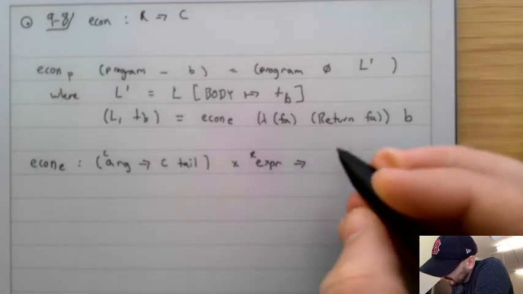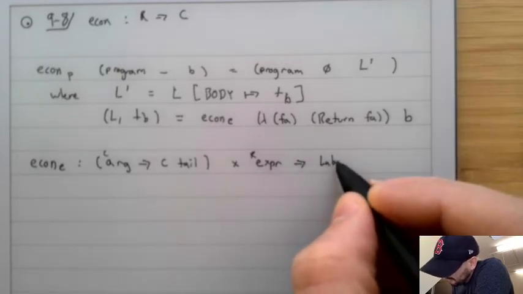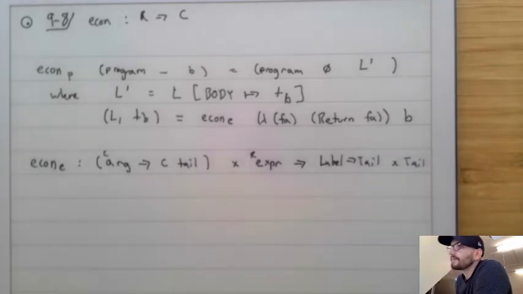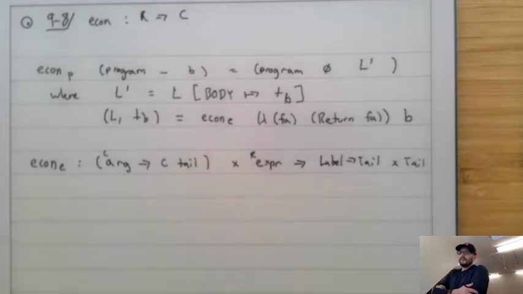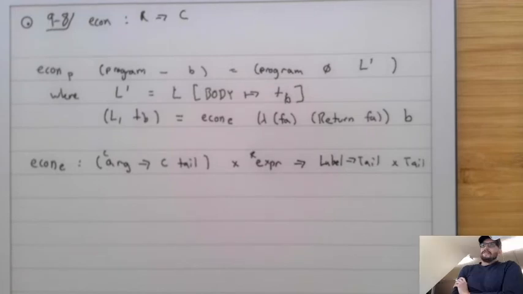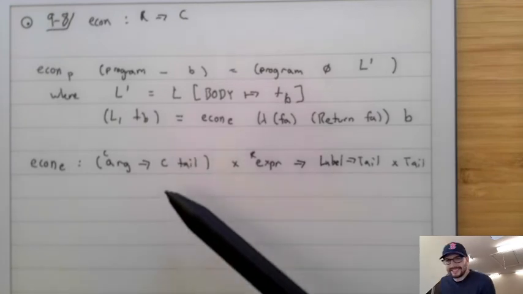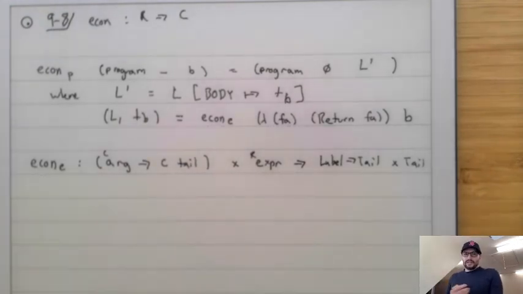What it does is it returns a label mapping, a label to tail, plus a tail. This is kind of deep, what's going on here. This right here is like a static continuation. Remember the way that we talked about continuations in the organization of programming languages, where they encode what happens after something? Here our compiler is going to keep track of what happens after things inside of the program, but on its own.